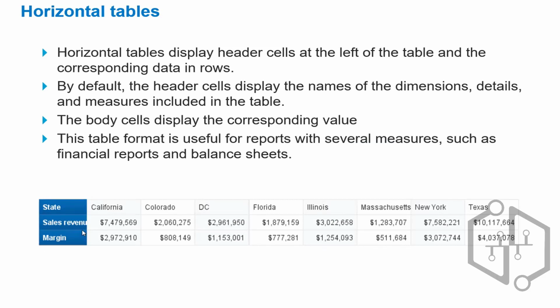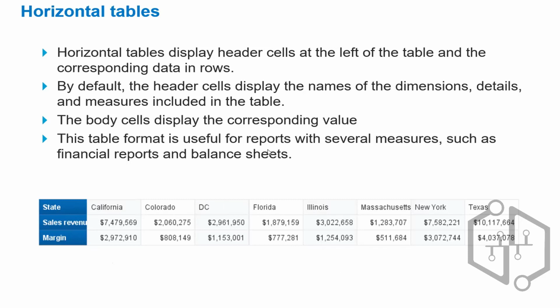If you are displaying around 10 measures for the state, instead of showing it in a vertical table, it is good to show it in a horizontal one, because the state is like California, Colorado, and sales revenue, margin, quantity, profit, discount, revenue, we can put here and it will be a good visualization.